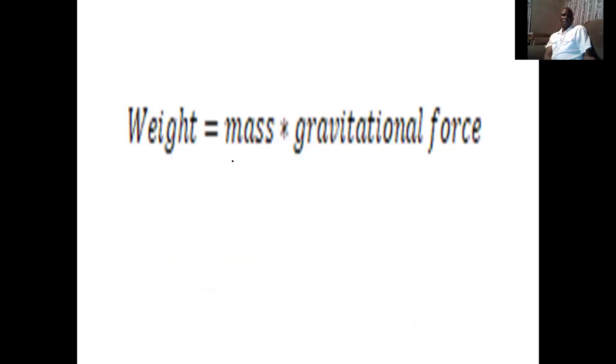As we have indicated here, weight is equal to mass multiplied by gravitational field strength.